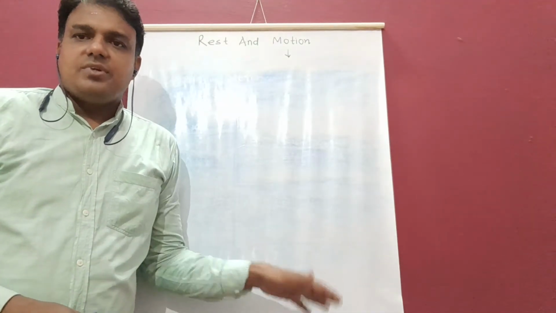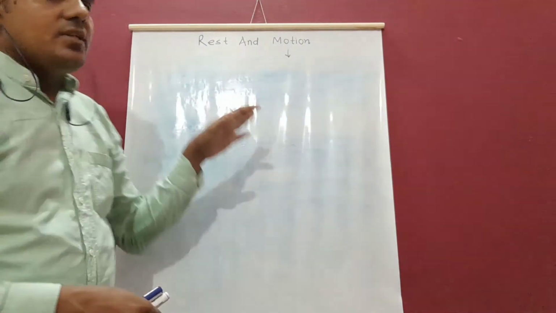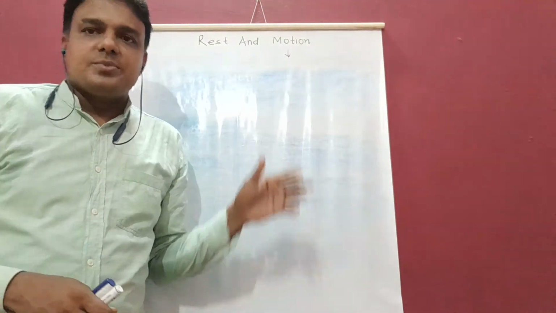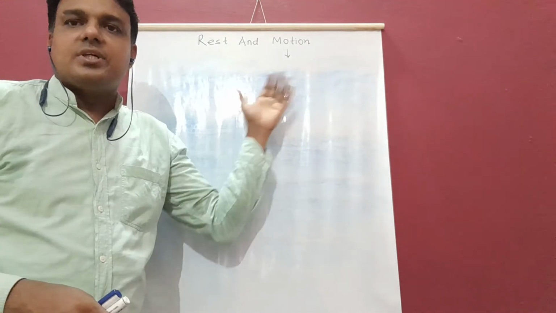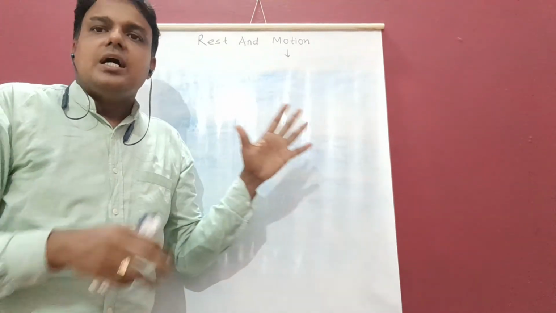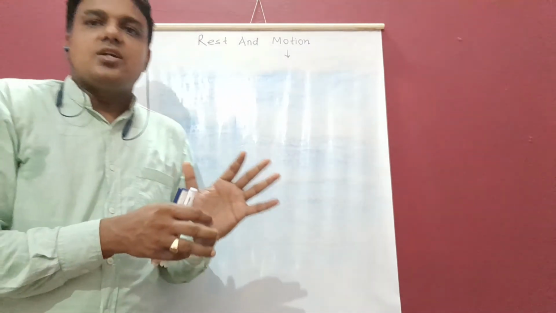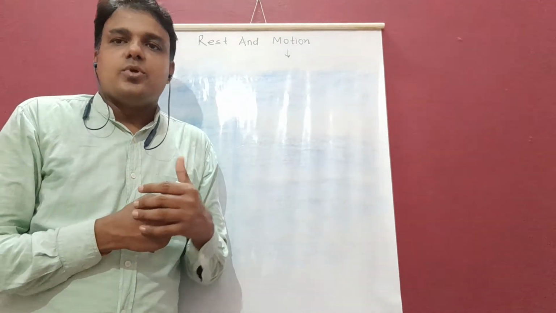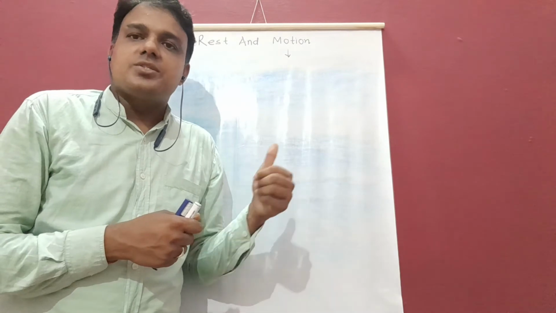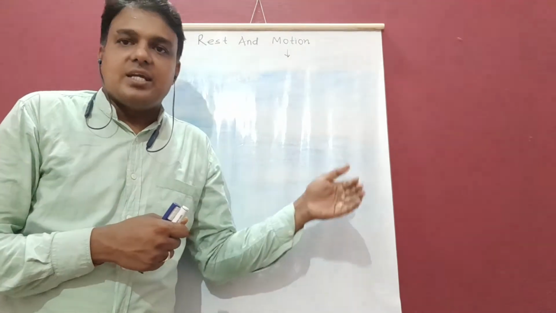So here we have seen mainly four terms: the first one is rest, the second one is motion, and the other is types of motion, that is uniform and non-uniform motion. Rest is the condition of an object when the position of the object does not change with the passage of time.